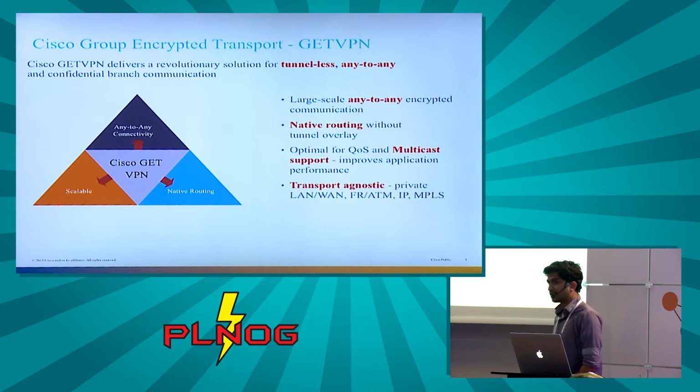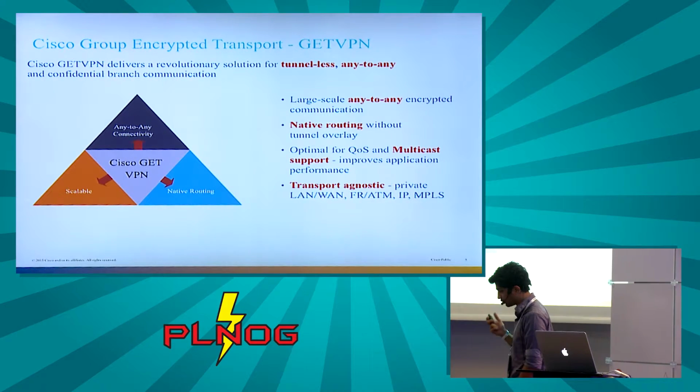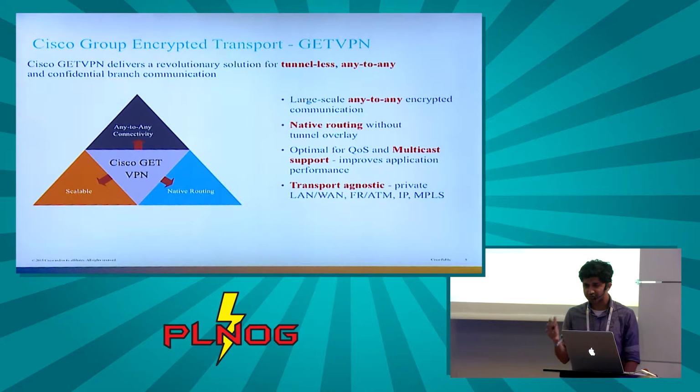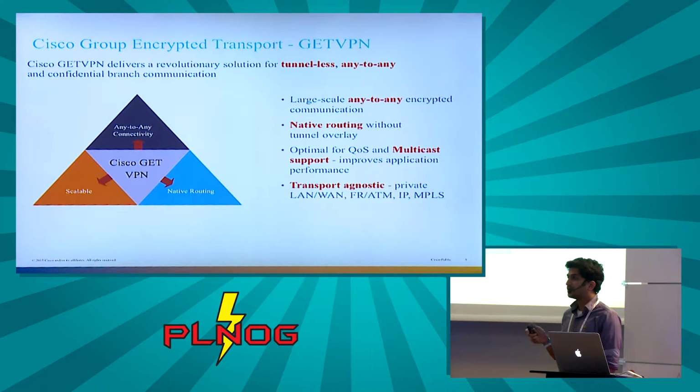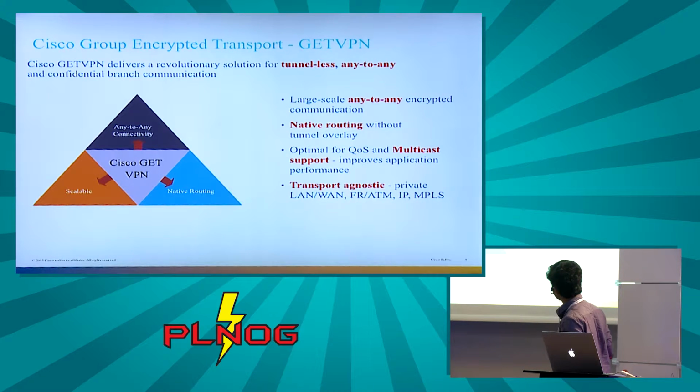You don't want to set up another virtual private network. What group encrypted transport provides is you have boundary devices. We call them group members, and we'll take a look at that in just a while. Those are programmed to encrypt and decrypt without forming any tunnels with the other branch.